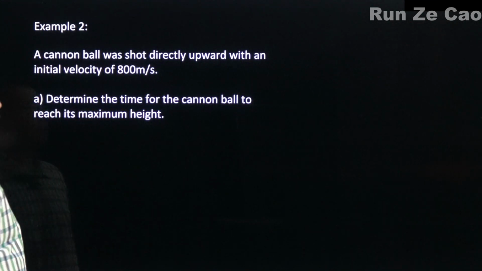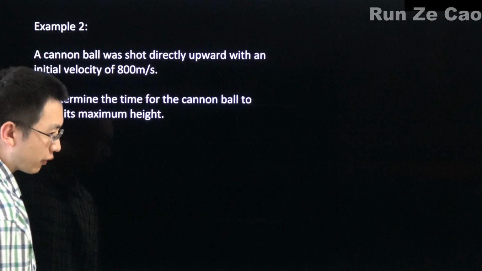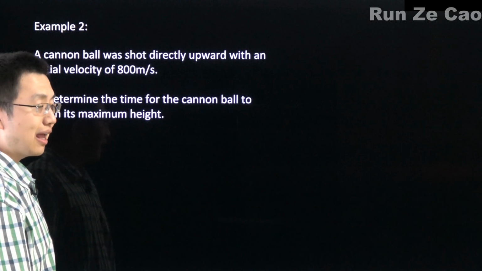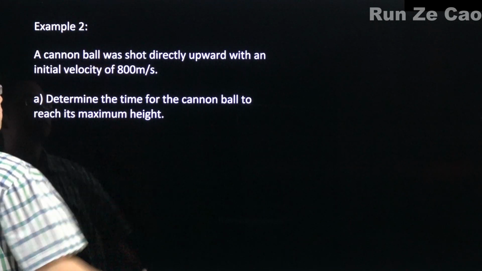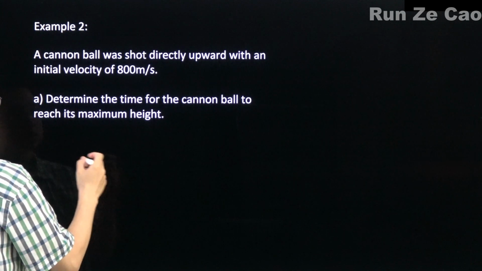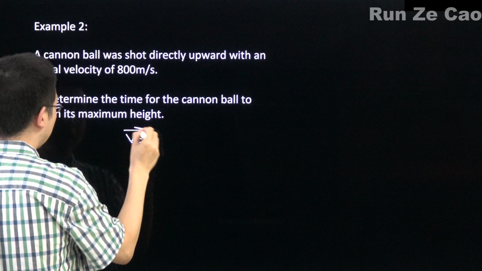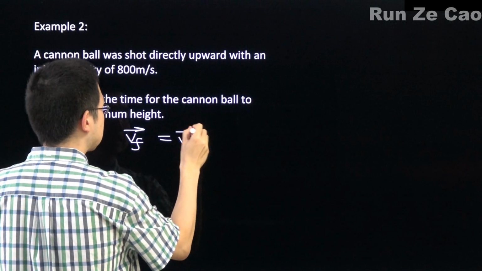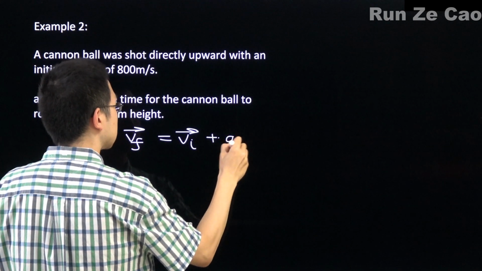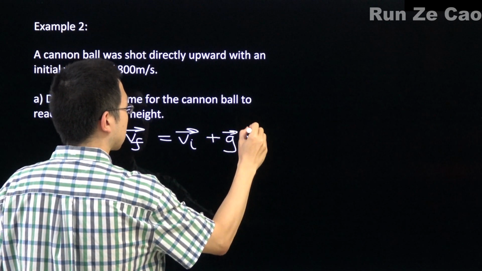What happens at its maximum height? Well, it stops moving up and then comes moving back down again. Okay, that means we need to bleed away all this initial upward speed, which in this case comes out to, if we want to write the whole formula out, we get this: VF equals VI plus G delta t.